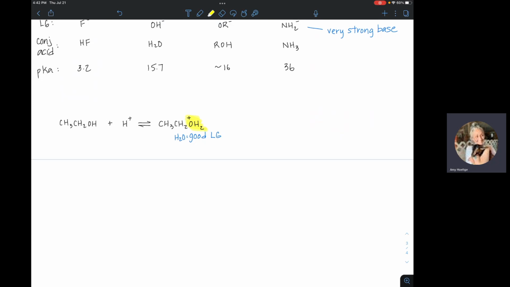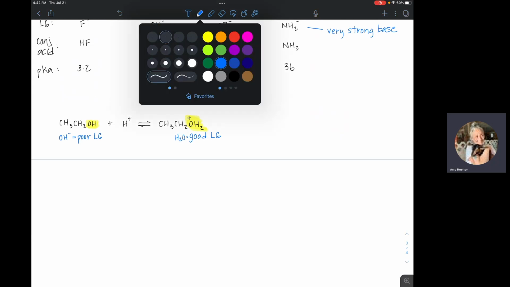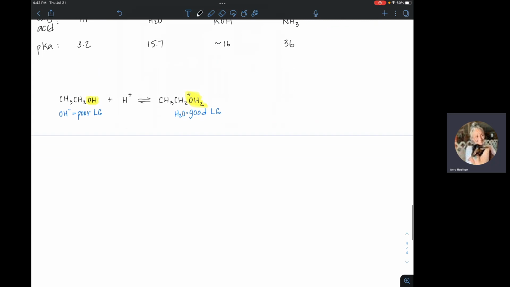Hydroxide would have been the leaving group if we tried to do this reaction on just the alcohol. This is a poor leaving group because it's a stronger base. But try that with an amine, right? Because here we have the pKa of this protonated ethanol is negative 2.4.